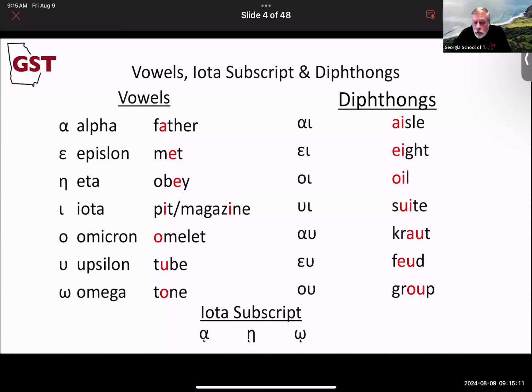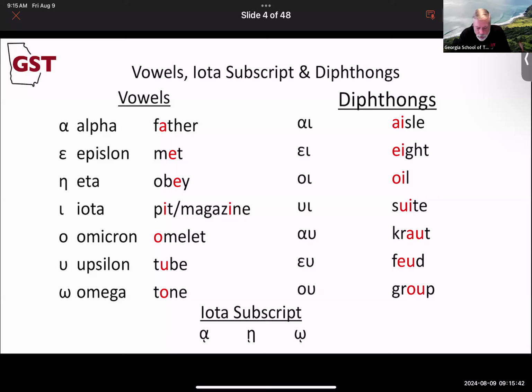Once it subscripts, there's no pronunciation. You just pronounce the vowel that's remaining, the alpha, the eta, and the omega. So it's important to know this because a lot of words are really going to be based on this subscript iota down the road here. But it's very, very common. We'll see it often, and it will help define how the word is functioning and what's happening with it.